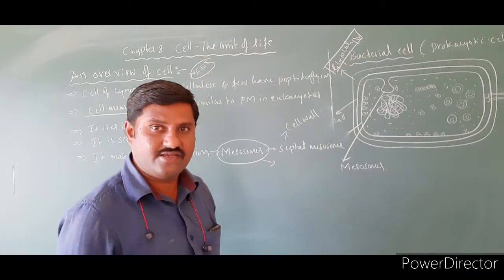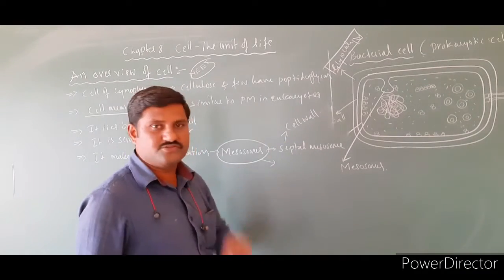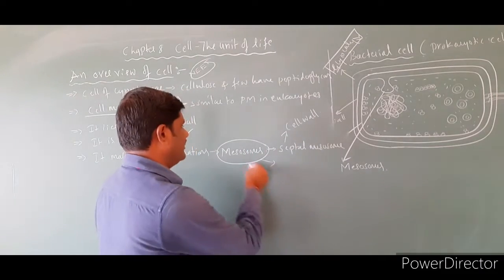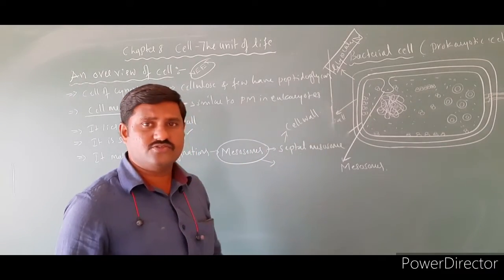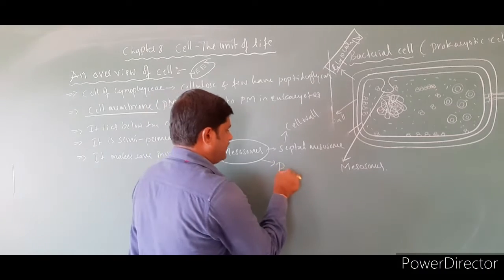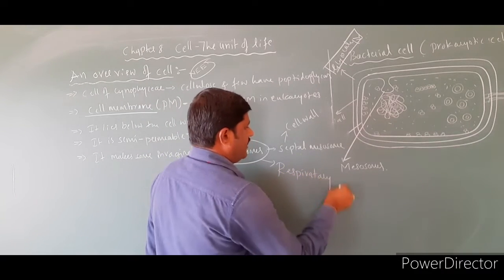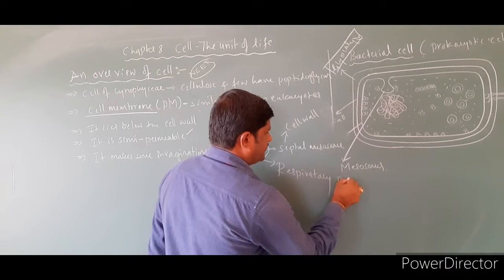And the enterosacular mesosome is also there. There a sac-like structure is formed, and that kind of mesosome has some respiratory pigments within it.